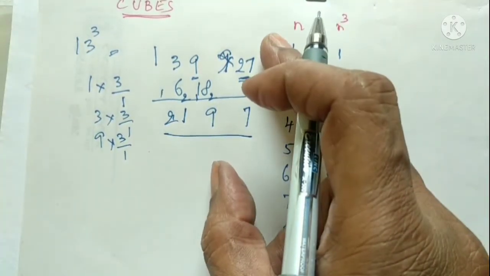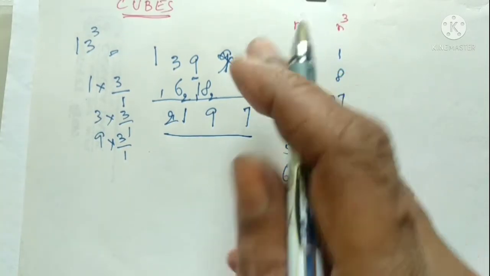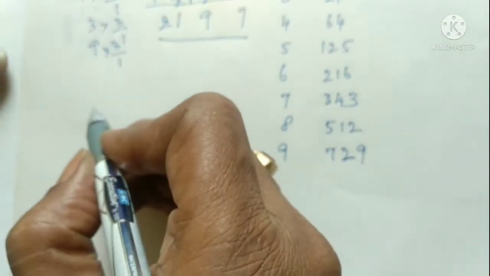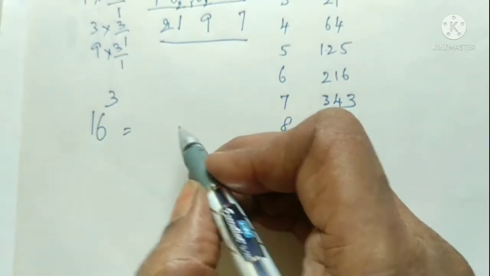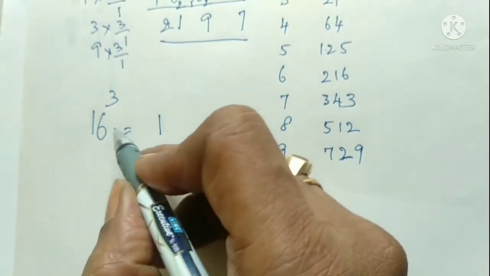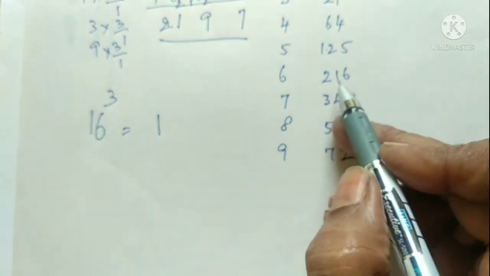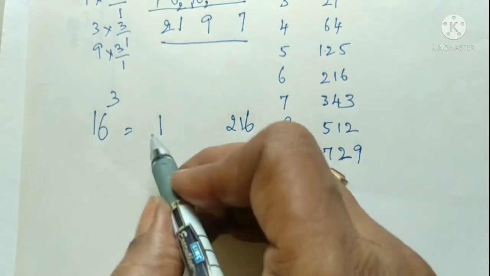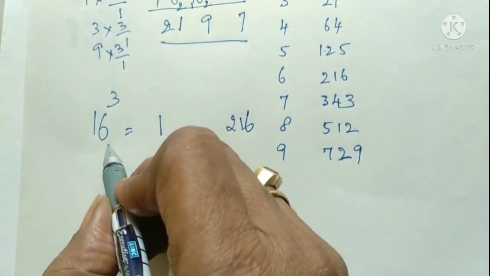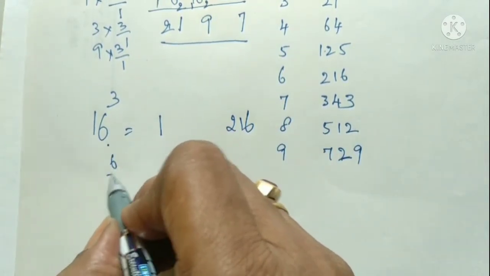The concept of finding the cubes can be understood very easily. Let us take another number, 16 cube. Now, 1 cube is 1. 6 cube is here what? 216. Okay? Now, 6 divided by 1.